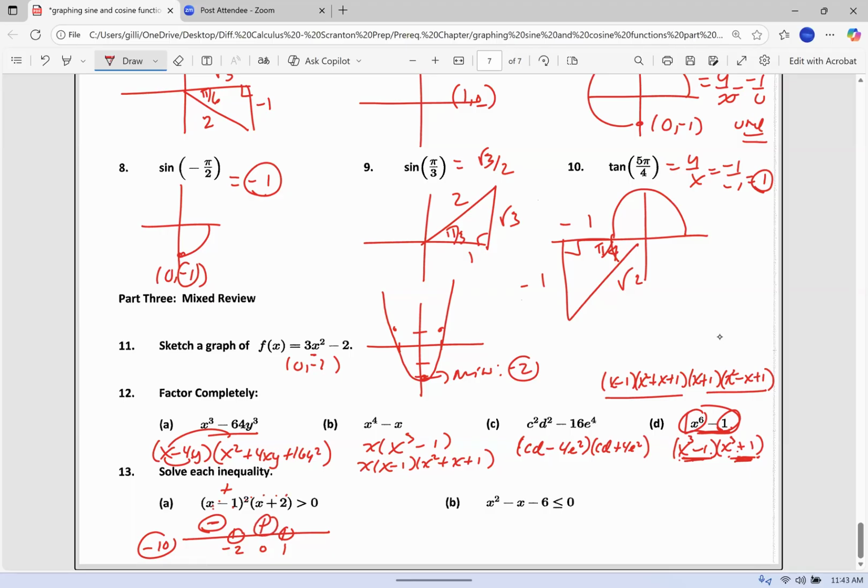And then if I pick, say, 10, I'm also going to get a positive. So where am I greater than 0? -2 to 1, and 1 to infinity. Remember, at 1, the power is even, so the number line should not change signs. Only on the odd multiplicity should the number line change signs.